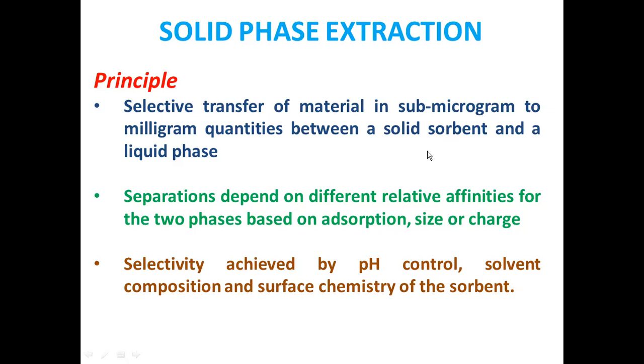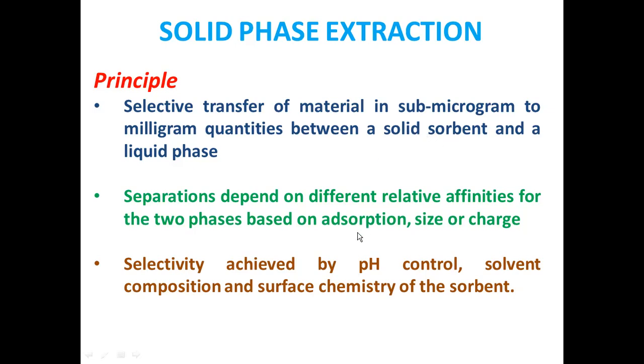Whatever the solute which is having impressive attraction towards the sorbent, or which is matching the property of the sorbent, it may be polarity or hydrogen bonding or van der Waals interaction, whatever it is, that solute will tend to adsorb over the surface of the sorbent.